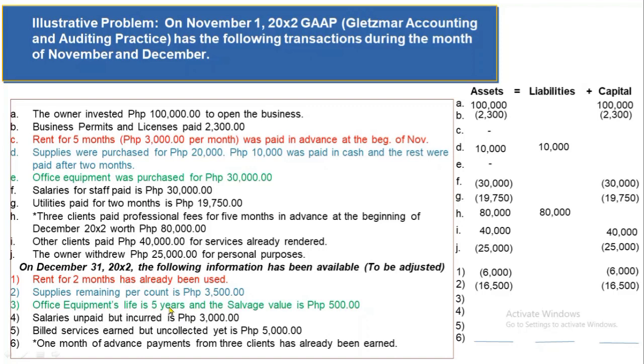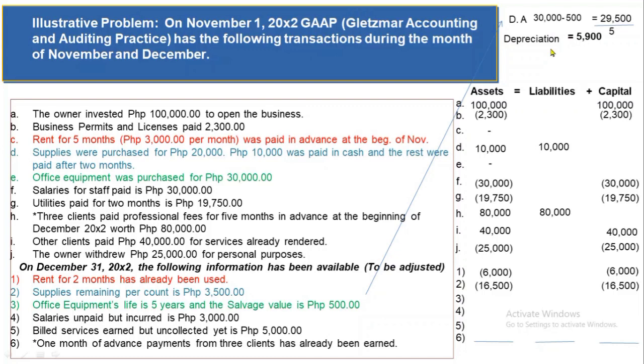So in here, we need to compute the depreciation expense by first computing the depreciable amount. So we have 30,000, the historical cost, and the salvage value of 500. So we have a depreciable amount or depreciable value of 29,500, and then you divide it by the number of years of useful life. So we will have a depreciation per year of 5,900.